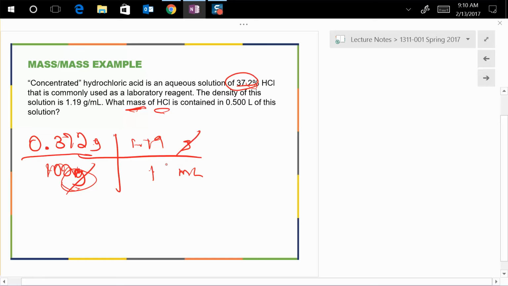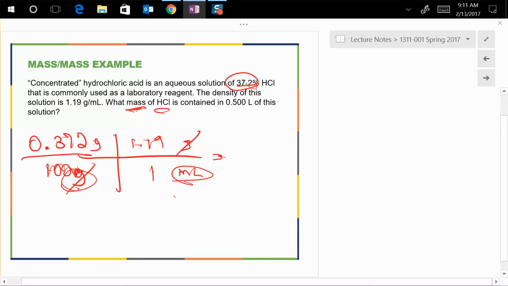These grams will cancel, and I'll be left with the milliliters. Because this is grams of what? Grams of solution. This is the density of the solution, so this is grams of solution also. So those will cancel. And this is grams of what? Solute. This is grams of solute, so it doesn't go there. So these will cancel, grams of solution each, and I'll be left with the milliliters on the bottom.